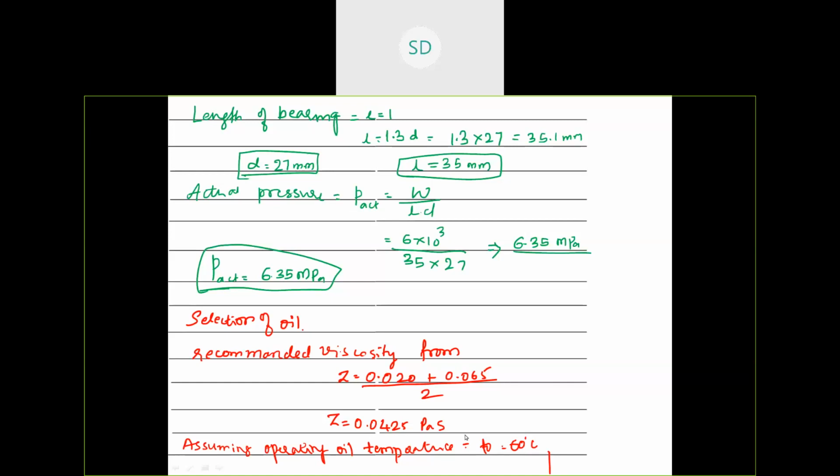As they have not specified the operating temperature of the oil, we'll just assume the operating temperature of oil is 60 degrees Celsius. Now based on this operating temperature, let us go for selection of oil from figure number 15.3.